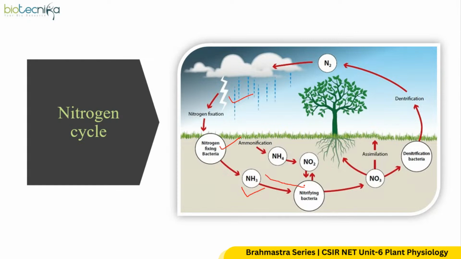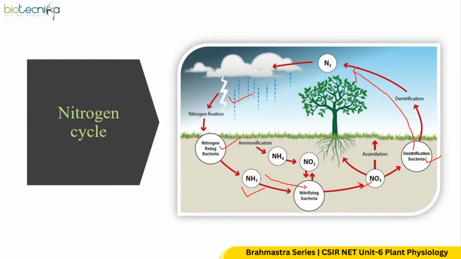This ammonia is given to nitrifying bacteria so that it converts into the assimilatory form, that is nitrate. After assimilation, whatever remaining nitrogen is there has to be recycled back to the atmosphere. This is carried out by denitrifying bacteria.